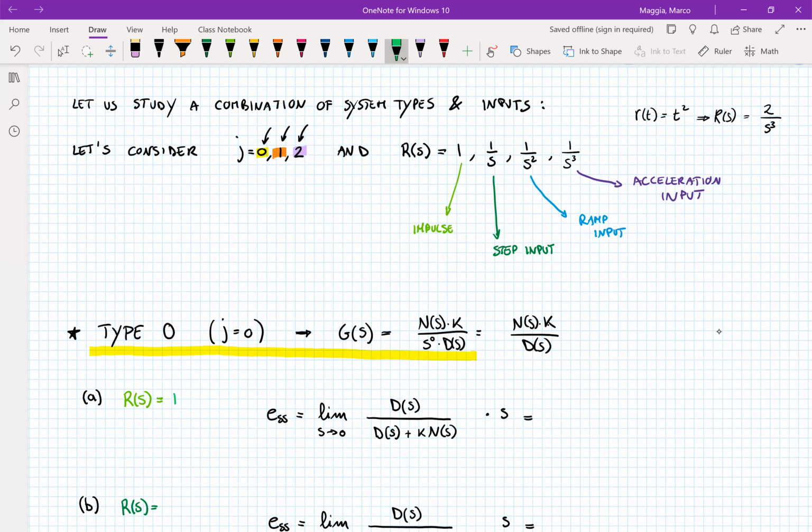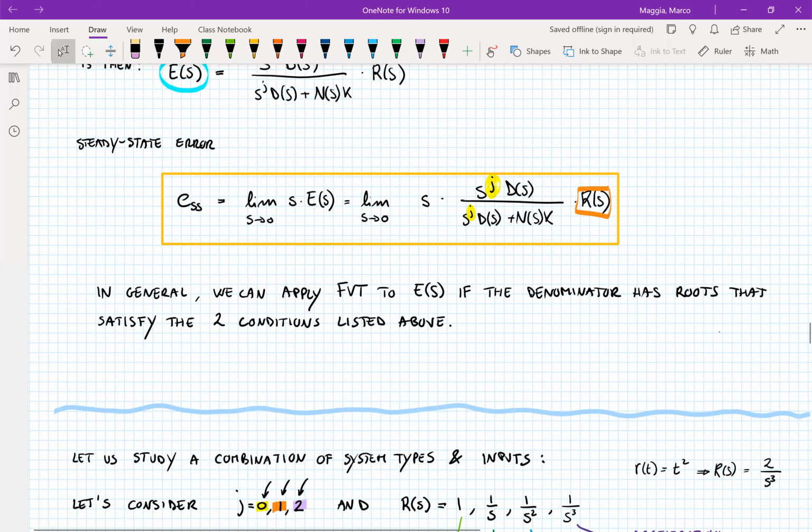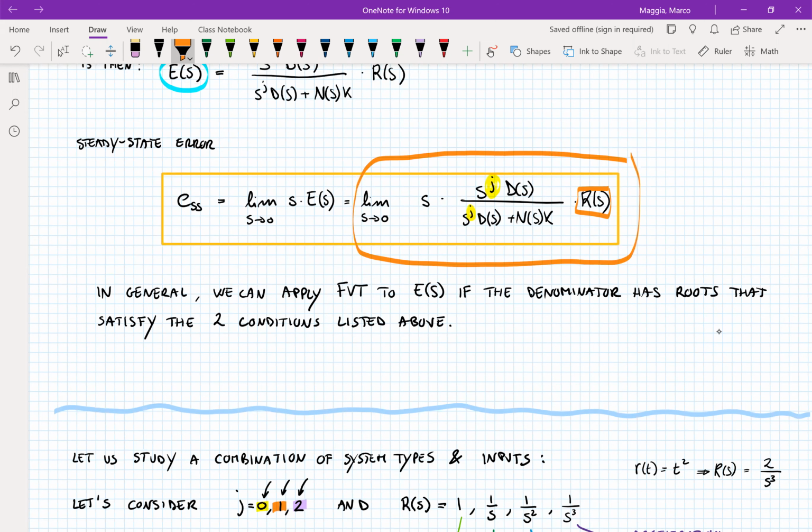All right, so for the impulsive input, that is for R of S equals 1, in order to find the steady state error, we're going to refer to this expression. So I'm substituting here J equals 0.